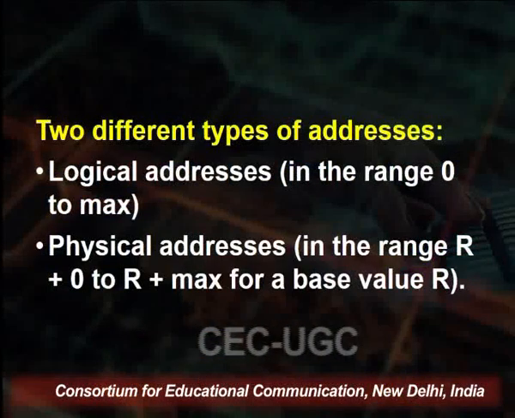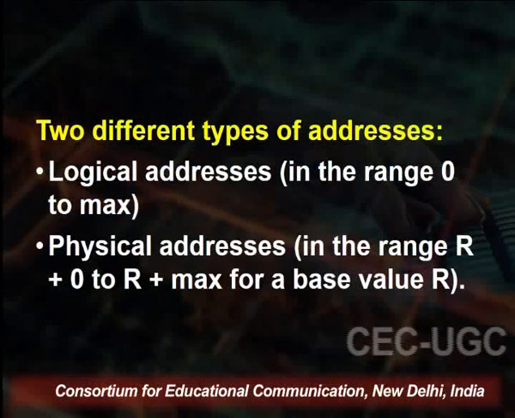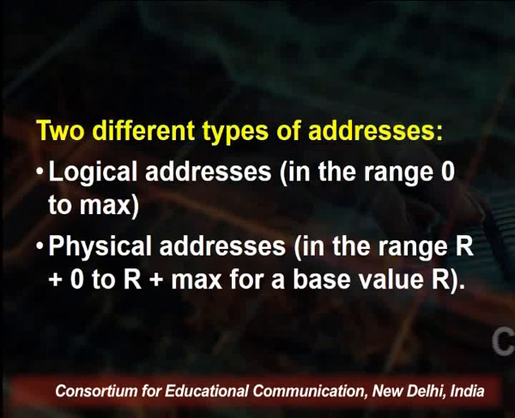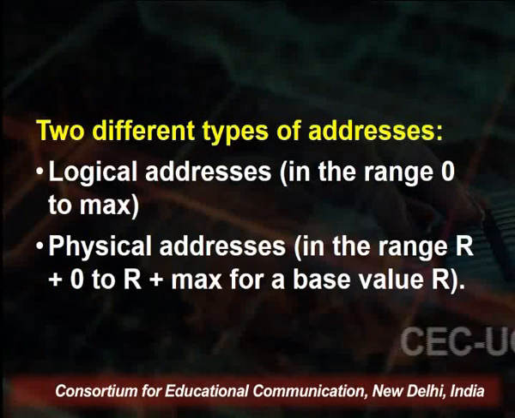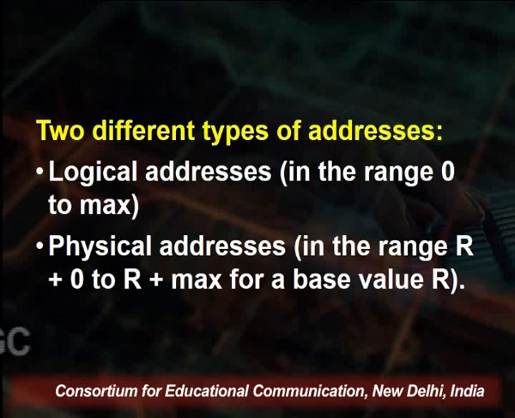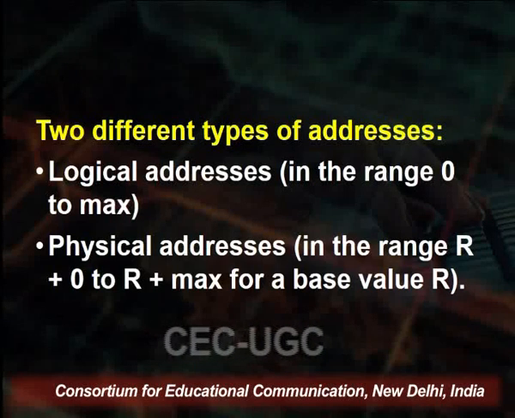So basically there are two types of addresses, logical address and physical address. Logical addresses are in the range from 0 to max, and when these logical addresses are converted into physical addresses, a value known as the base value is involved, which is related to a register.